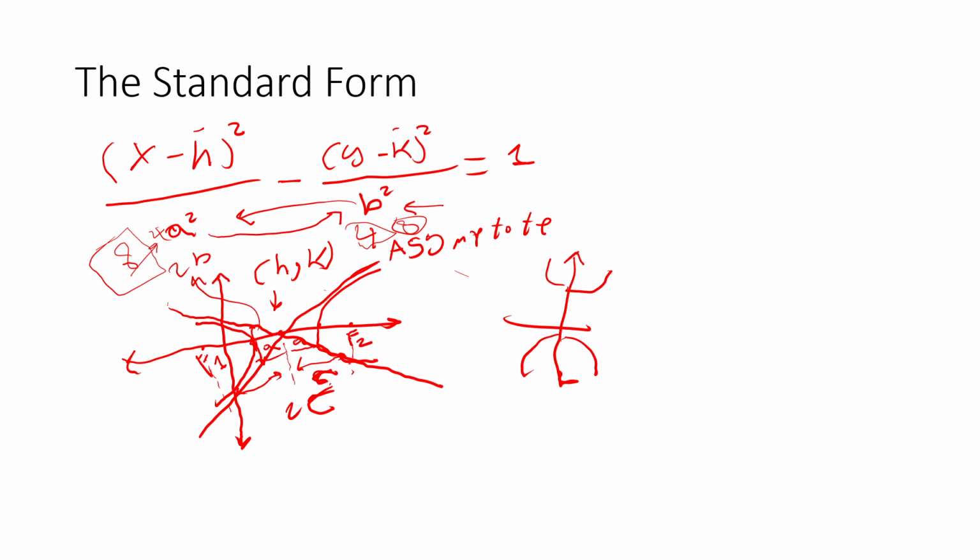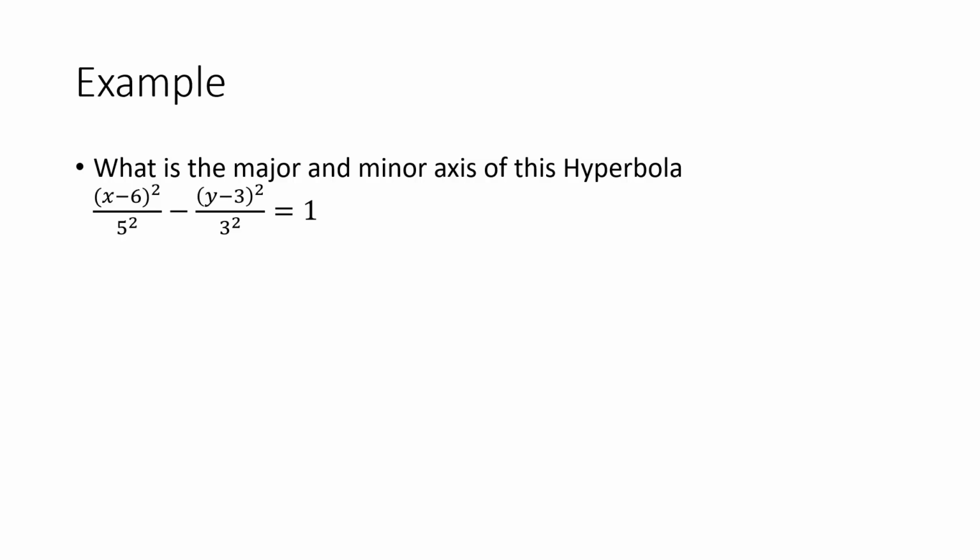Okay, let's do an example. What is the major and minor axes of this hyperbola? Okay, the value under the x is greater, so we know this is the a and this is the b, a squared and b squared, and this hyperbola is open to the x-axis.